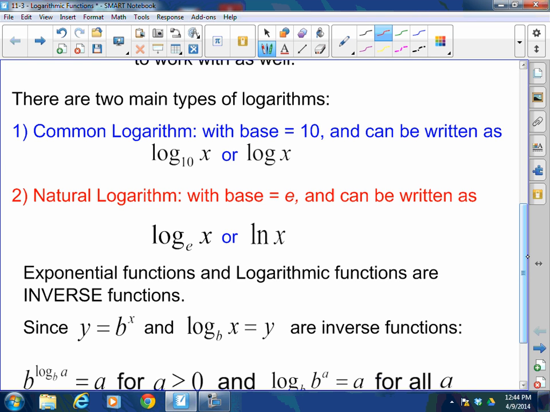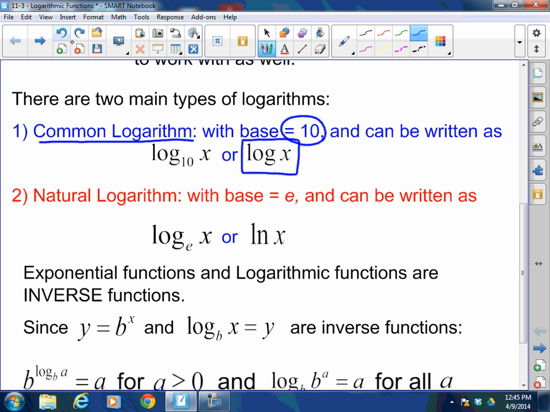There's something called the common log. The common logarithm has a base of 10 and will be written as log base 10 of x or just straight up log of x. When the base is invisible, please remember that that is a base of 10.